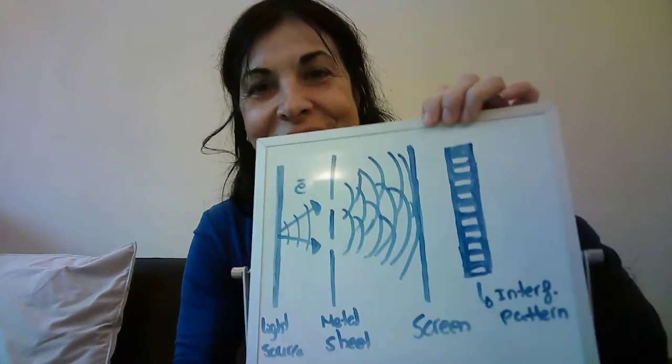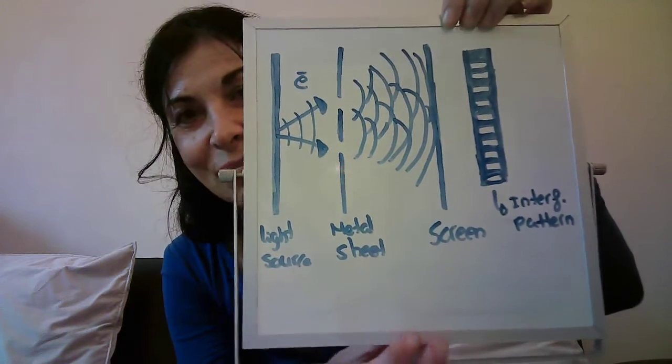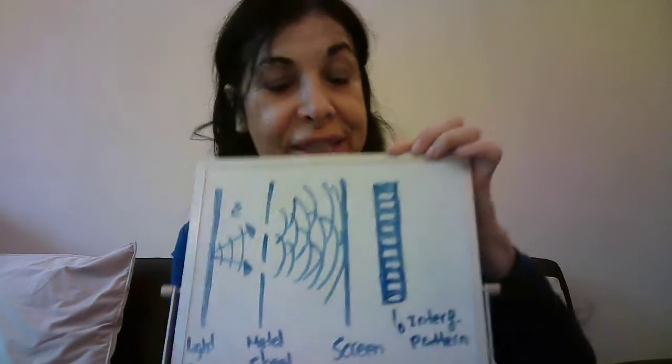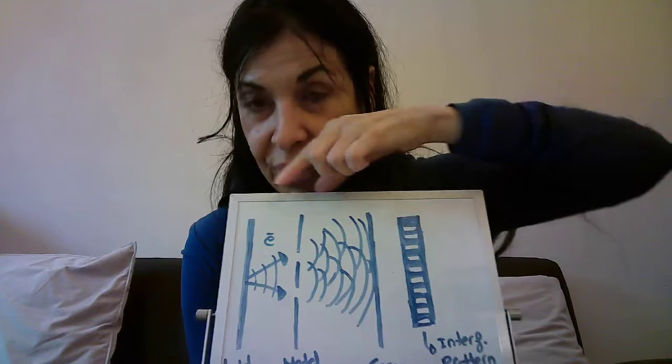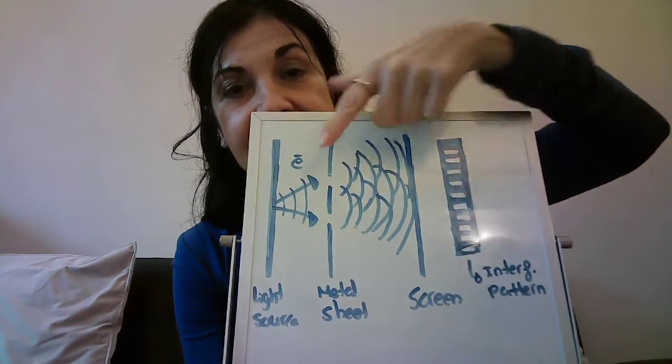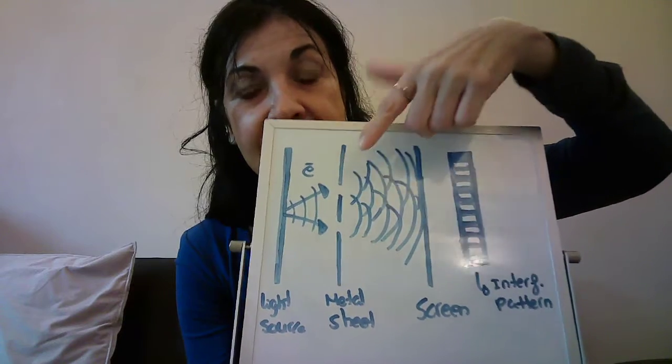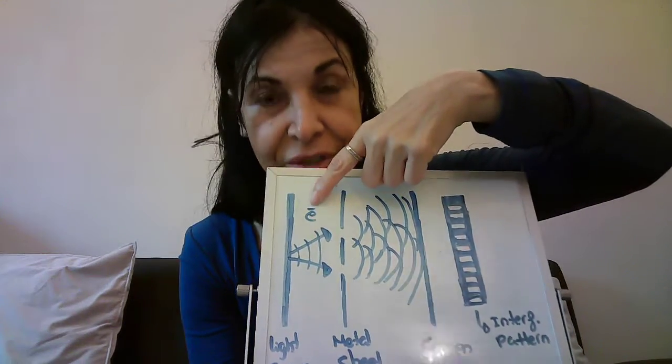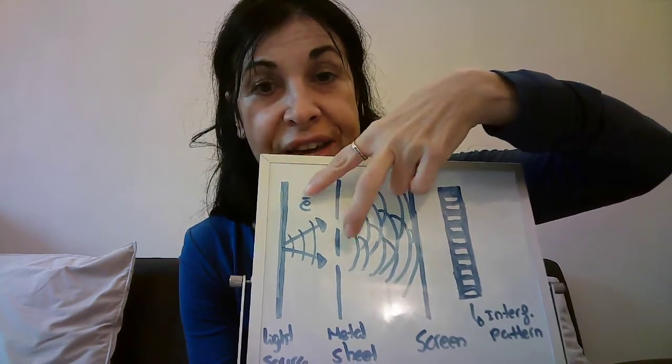So anyway, I've got a little drawing. I've attempted a drawing, and although I'm an artist, I'm not sure I've done very well on this, but there you go. Here we have the two slit experiment. Basically, they put a light source, like a beam gun, and fire electrons. This sign of the E is the electrons.